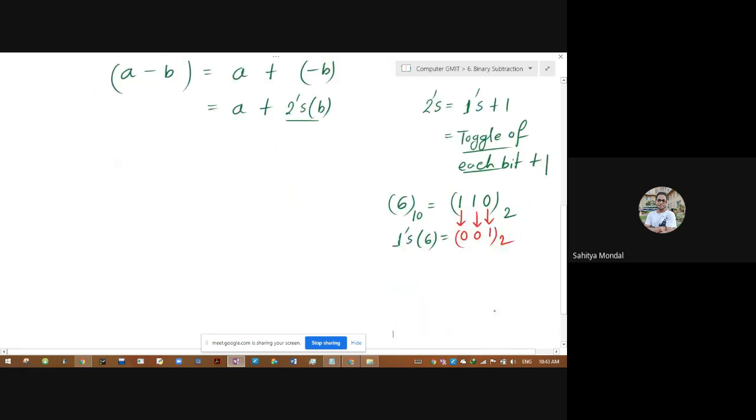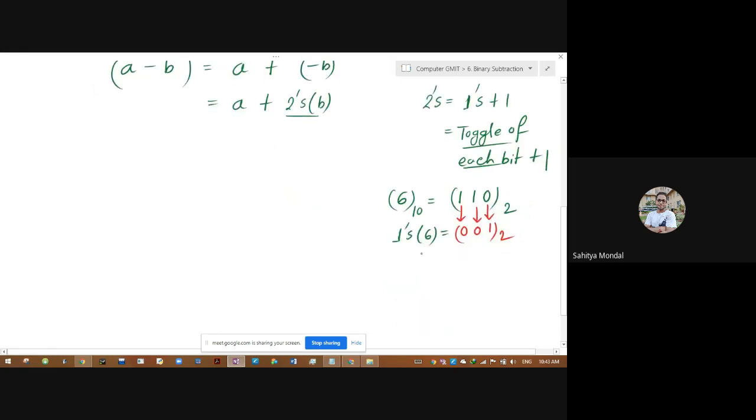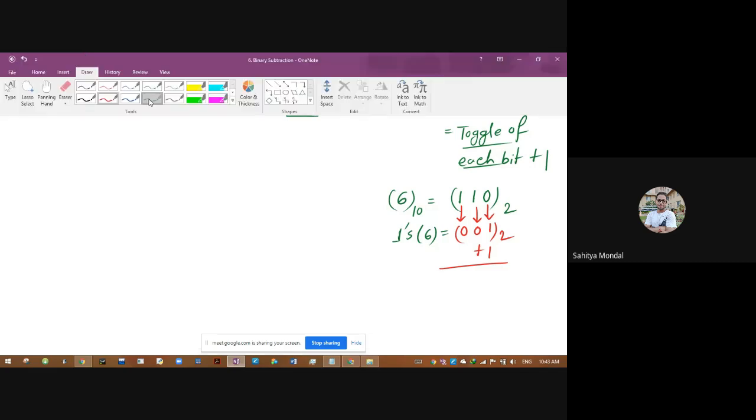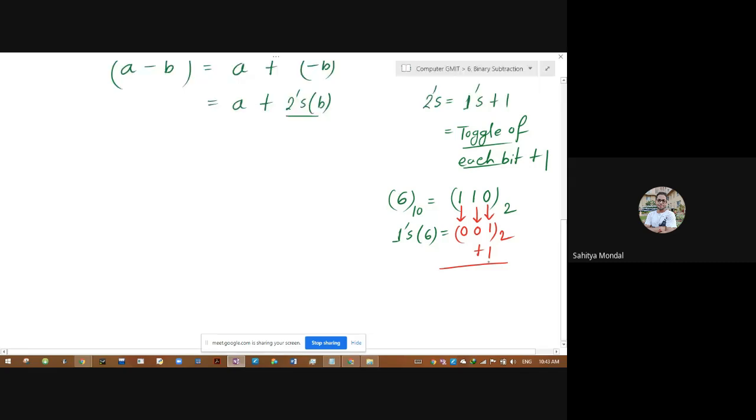So how can I get the 2's complement from the 1's complement? I need to add an extra 1 to the 1's complement result. We know all the binary additions. So what do we get? 010, and this was the 2's complement of 6. Understood how we can compute the 2's complement? Those who were not able to attend the class yesterday.